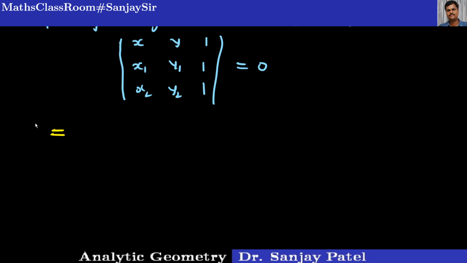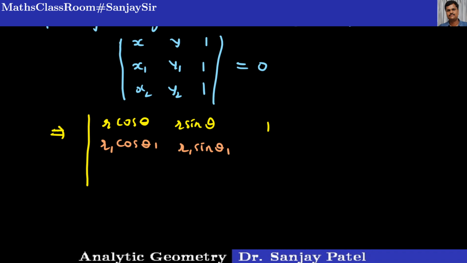So this gives us x is equal to r cos theta, y is equal to r sin theta, and 1; x1 is r1 cos theta 1, y1 is r1 sin theta 1, and 1; and finally x2 is r2 cos theta 2, y2 is r2 sin theta 2, and 1.